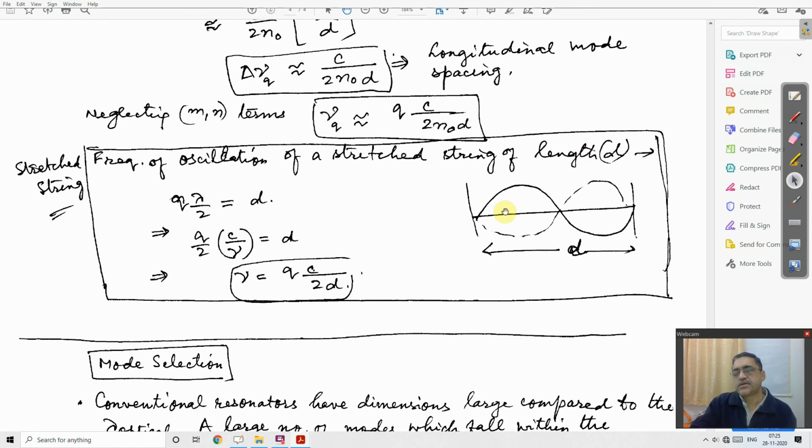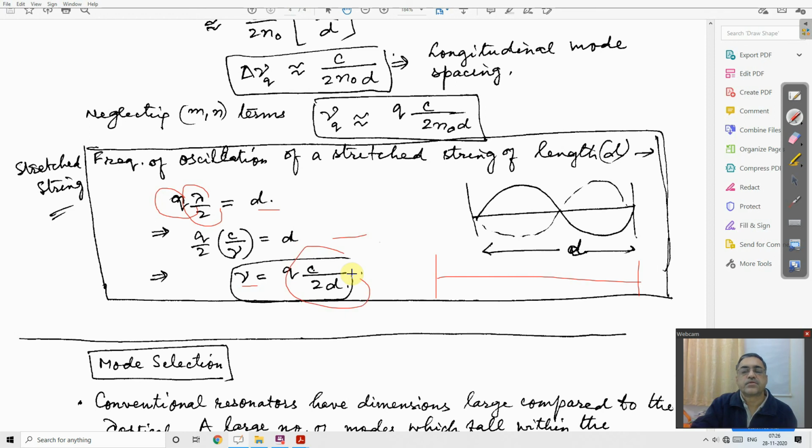There will be as many half wavelength vibration modes as mathematically we see: q half wavelengths, q lambda by 2, must be equal to the dimension of the cavity. So q by 2 times c by nu must be d, and nu is equal to q c by 2d.